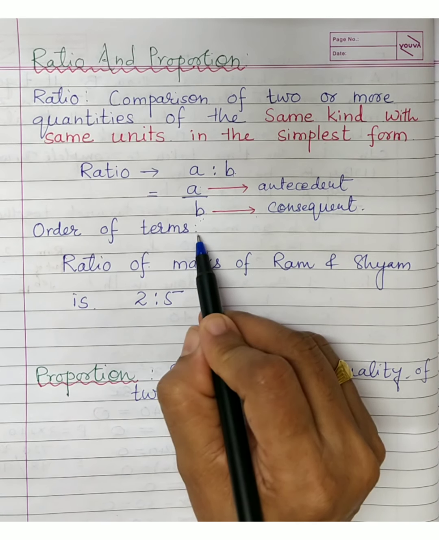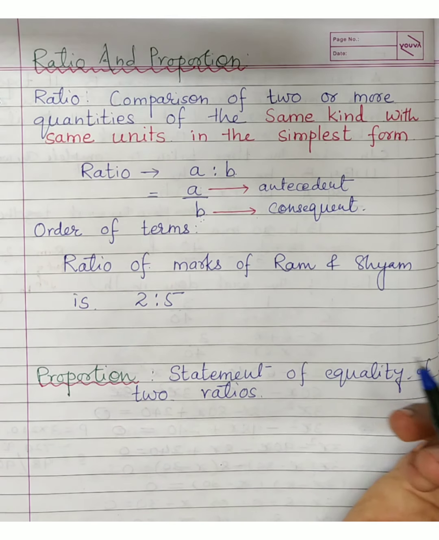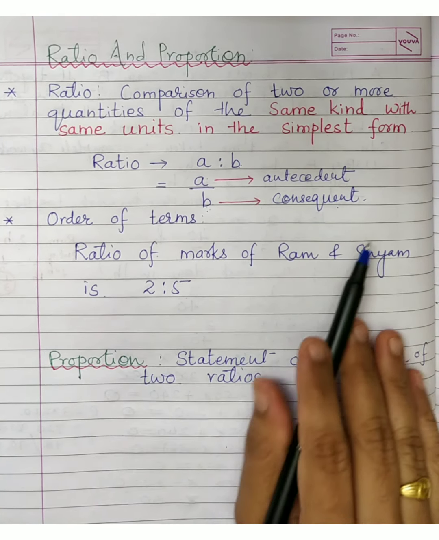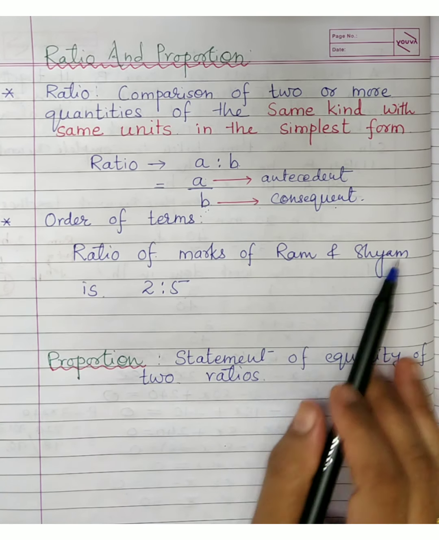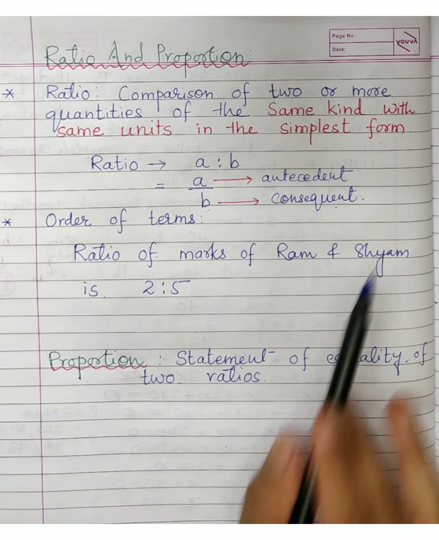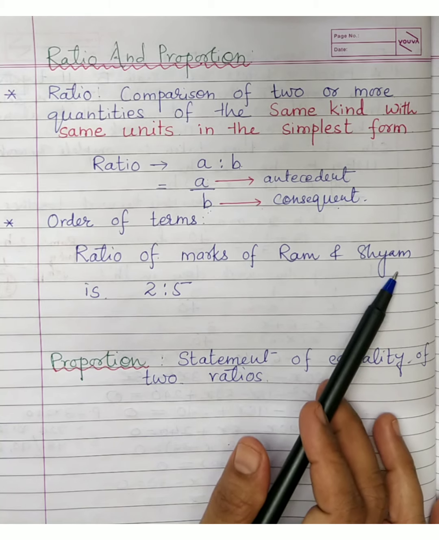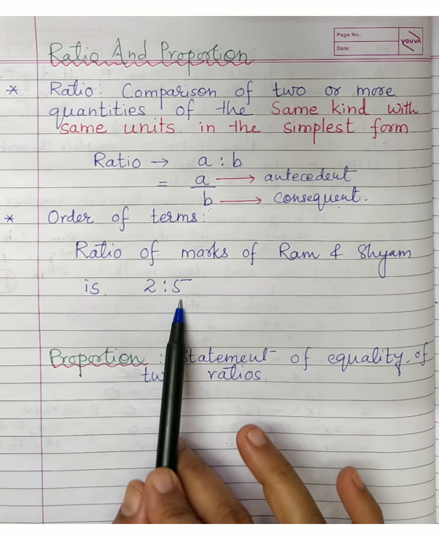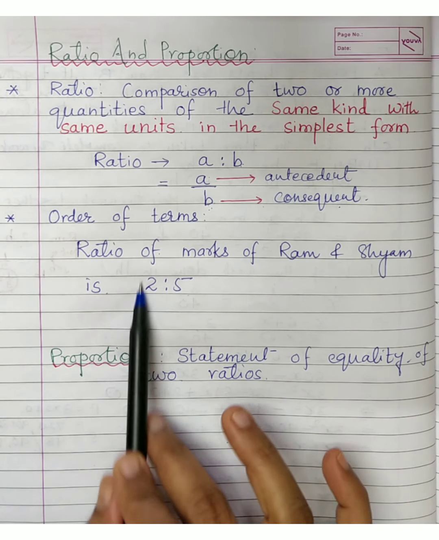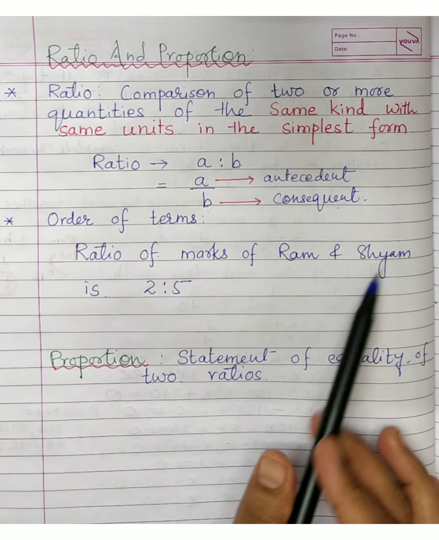Okay. Now let's see how the order of terms matters in a ratio. See one example. Suppose there are two people, say Ram and Shyam, and we are talking about the ratio of their marks. If the statement is that the ratio of marks of Ram and Shyam is 2:5, here compulsorily 2 parts belong to Ram and 5 parts belong to Shyam.